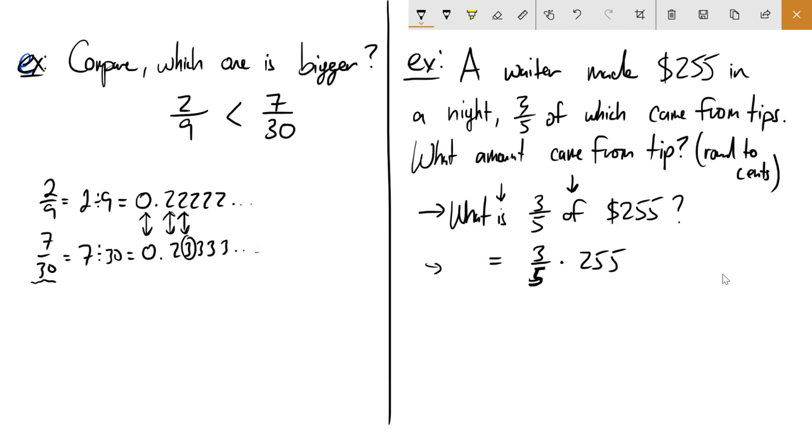Now, how do you multiply a fraction by a number? There's multiple ways to do it. This is where it's nice to have decimals involved, because 3/5 could easily be turned into a decimal. If you convert this into a decimal, what does it become? This one should be 0.6.